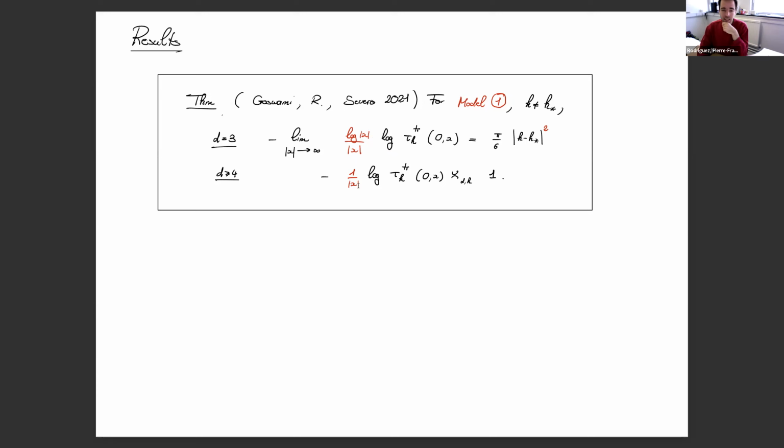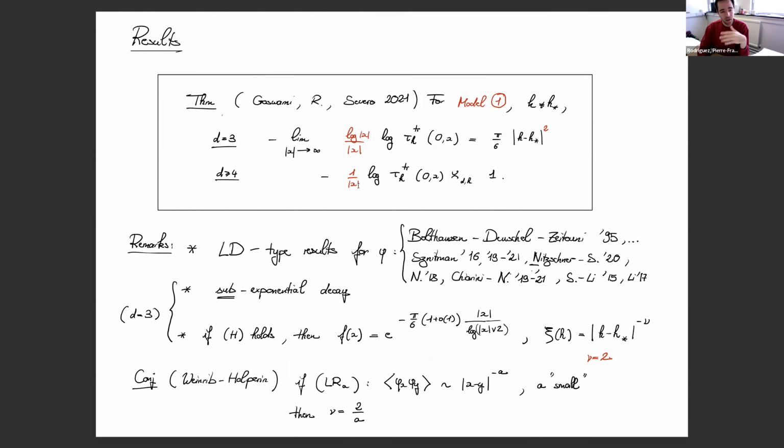All right, so let me make some remarks about this. First of all, this fits within a long body of work on large deviation type results for the GFF, and I mentioned some of the relevant contributors here.